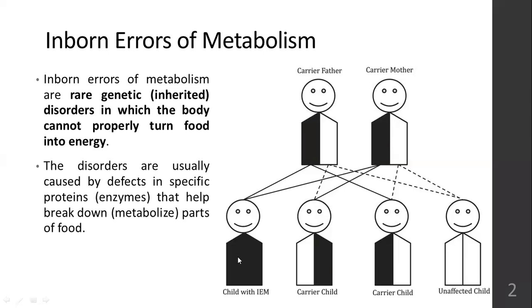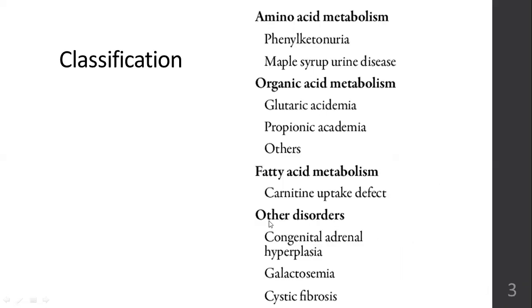And another situation is when both the parents are carriers, the child gets that disease, the child is born with that disease. Usually autosomal recessive diseases happen like this.